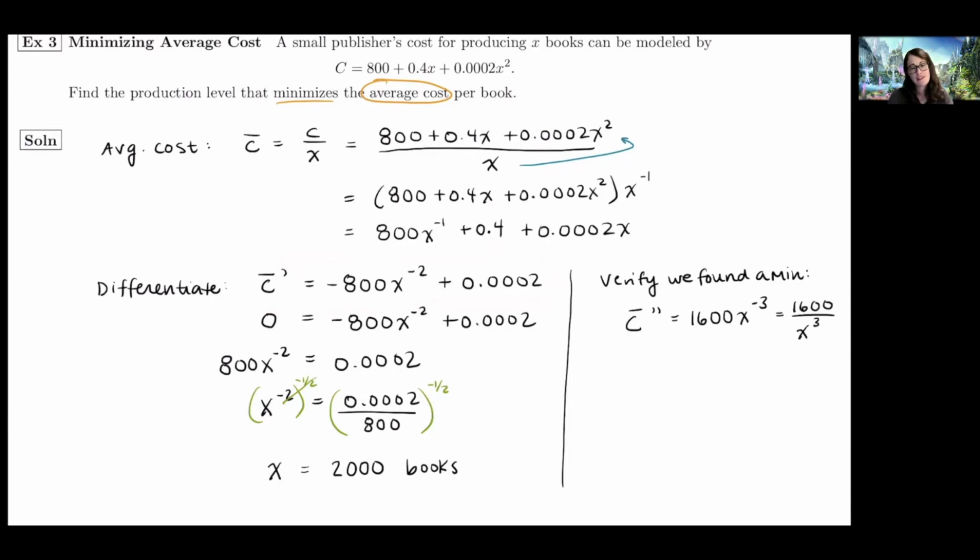Now remember, what we want to do is figure out the concavity of the original function at our critical point. So at x equals 2,000, is the function concaving down or is it concaving up? That is the role of the second derivative. So we're going to plug in 2,000 for x into c bar double prime.